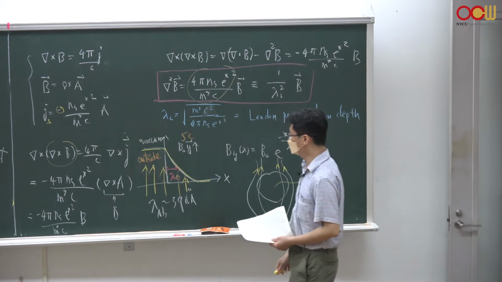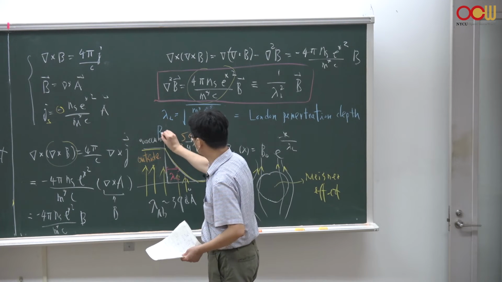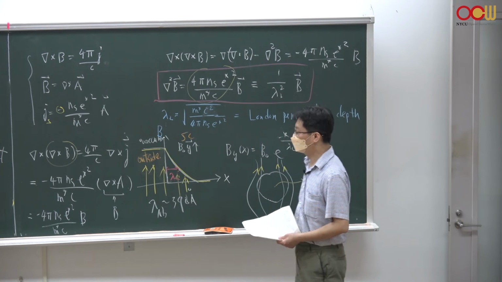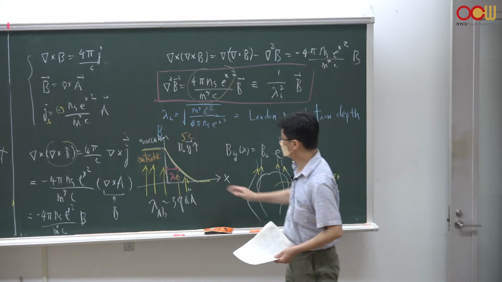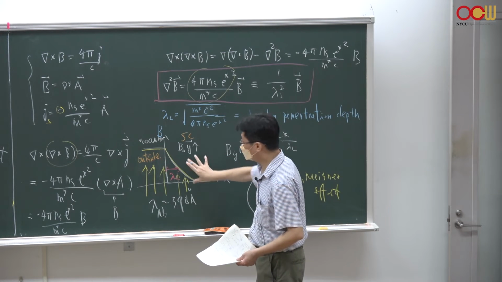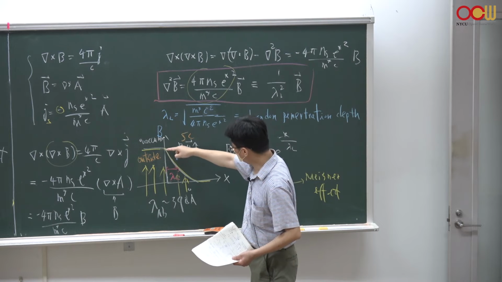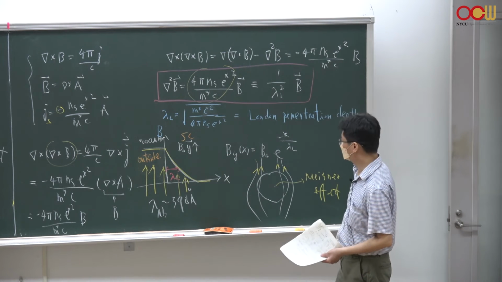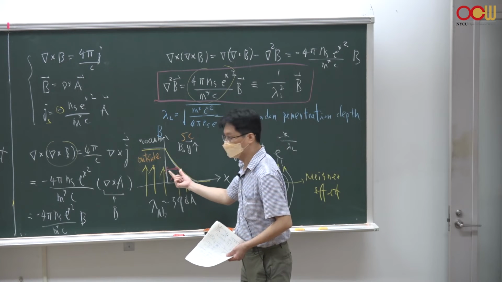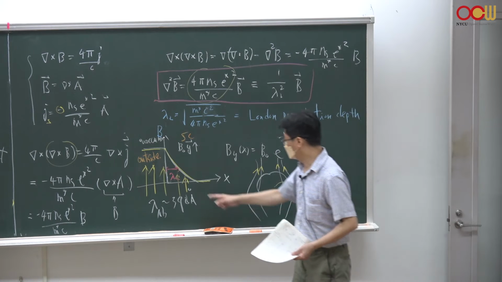along the y direction. But if you calculate the magnitude of the field along the y direction inside the superconductor, you see that the B field decays very fast, exponentially, but there is still a little bit of leakage of magnetic flux penetrating into the system.